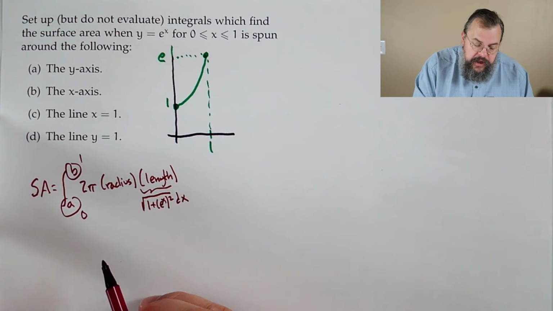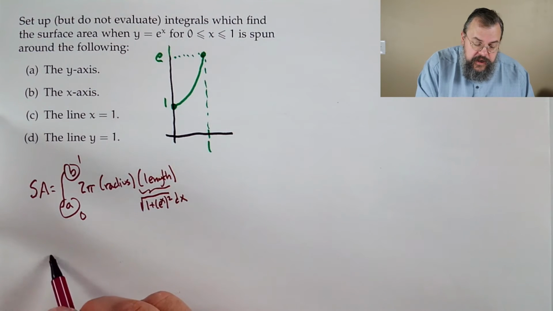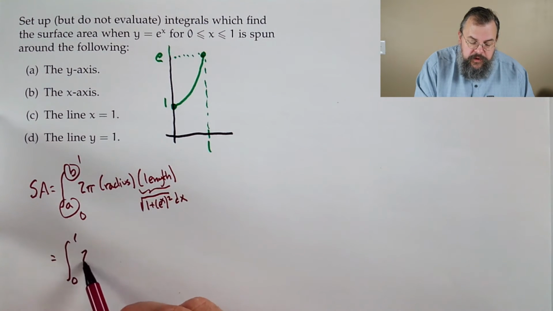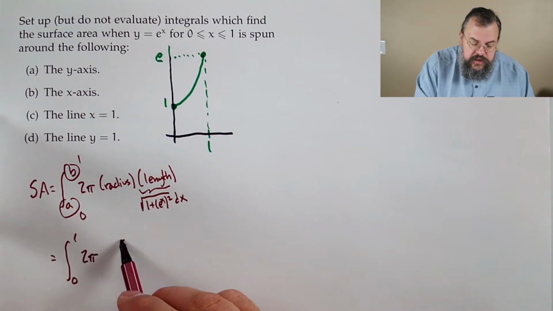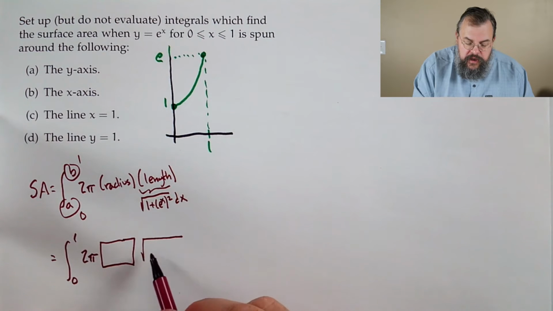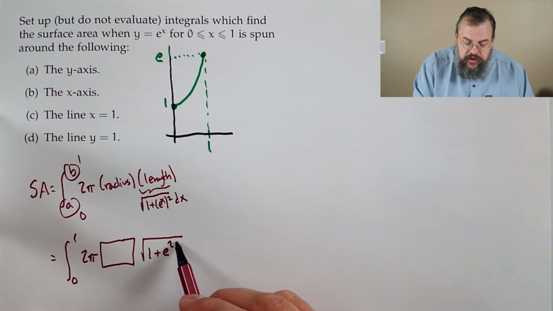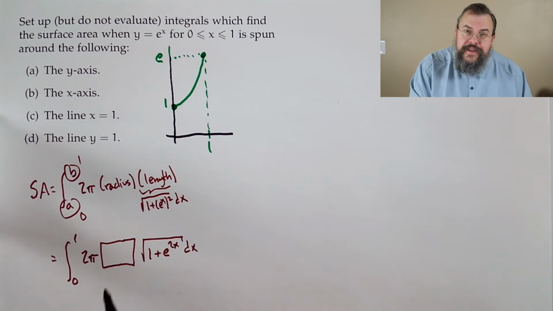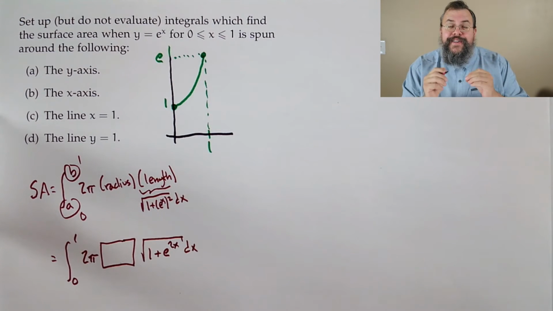So what we really have here is that our surface area is the integral from 0 to 1 of 2 pi, then something in a box, and then the square root of 1 plus e to the 2x dx. What's that box?